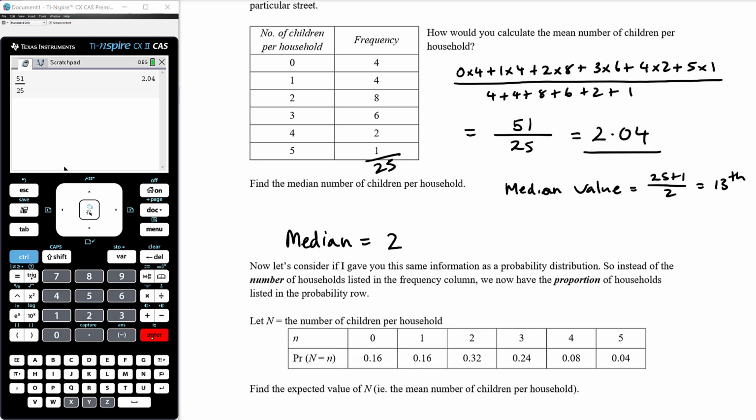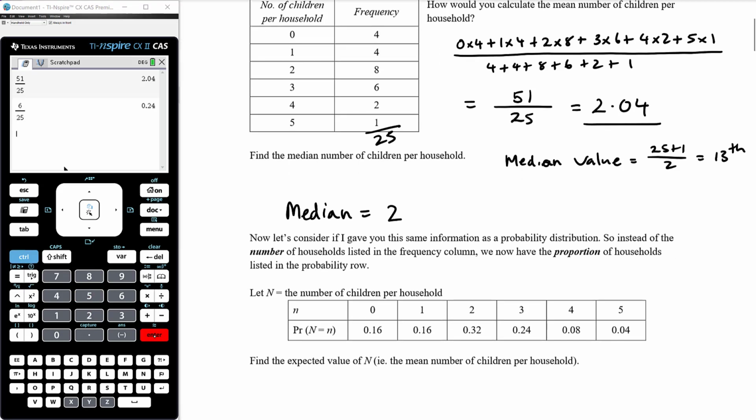Similarly, 4 out of 25, 0.16, 8 out of 25, 0.32, 6 out of 25, you can confirm it, it's 0.24. So all we're doing now is writing each value as a proportion, and so what that means is that these all add up to 1.